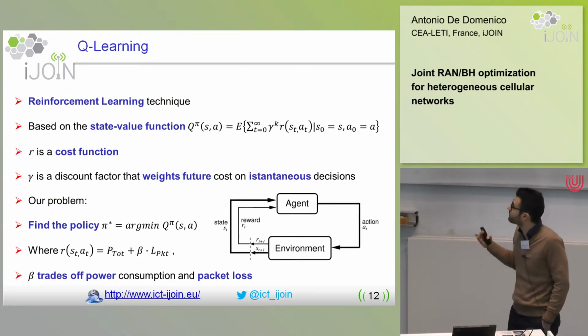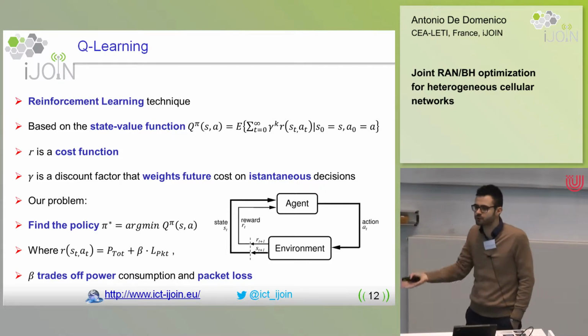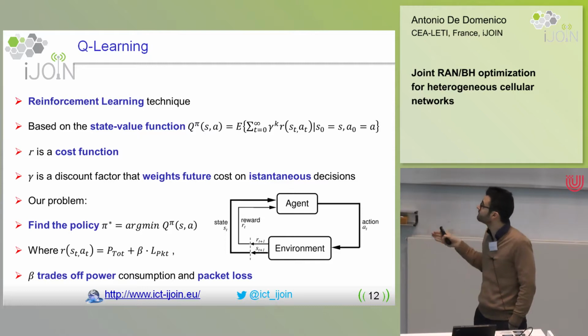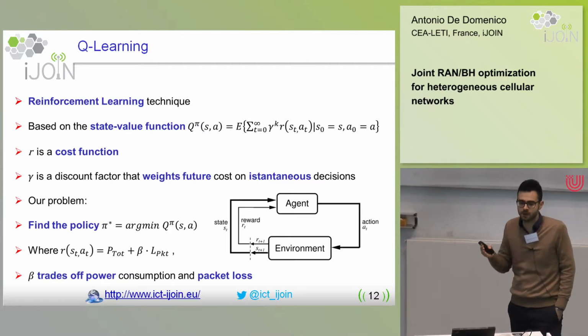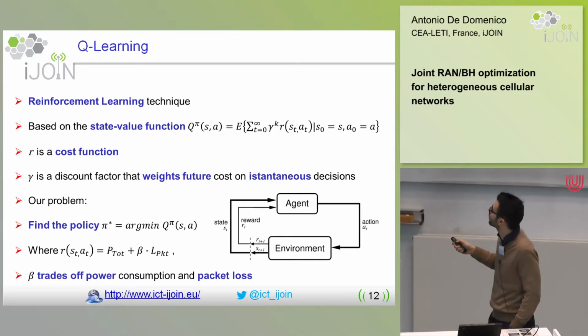So a first approach to find this strategy that permits deciding when to transmit and when to buffer data is based on Q-learning. Q-learning is a reinforcement learning technique based on the Q function.